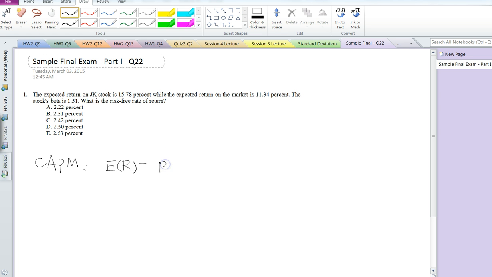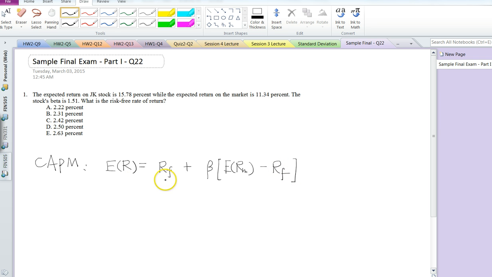So it equals the risk-free rate plus beta times the expected return on the market minus the risk-free rate.